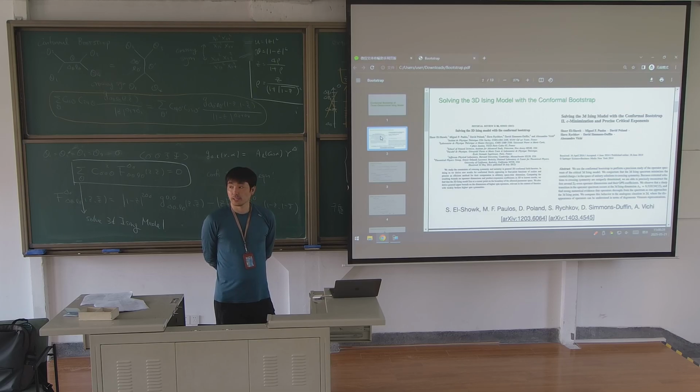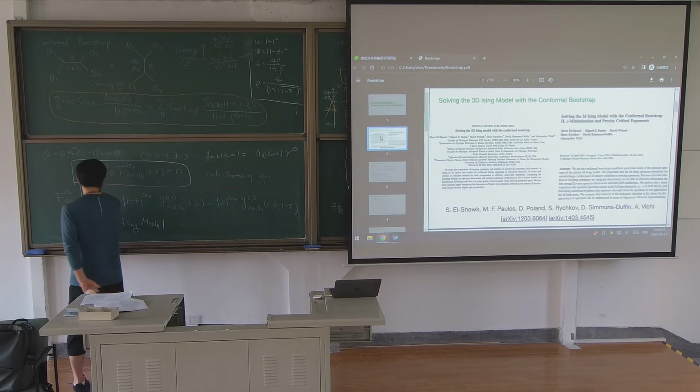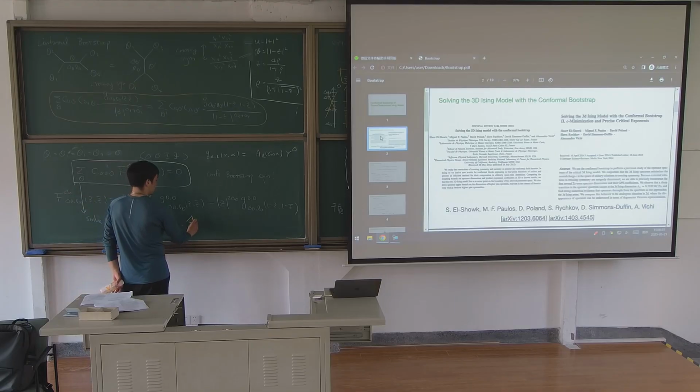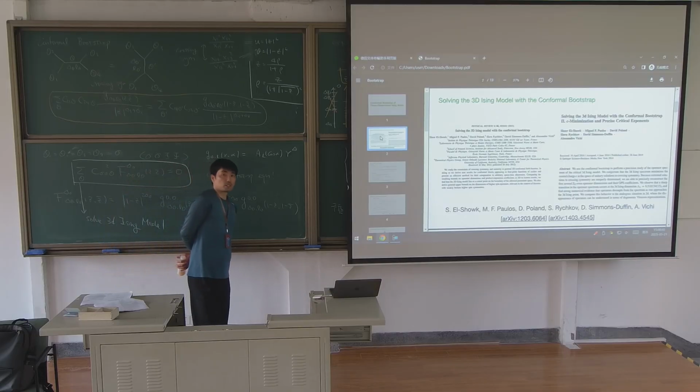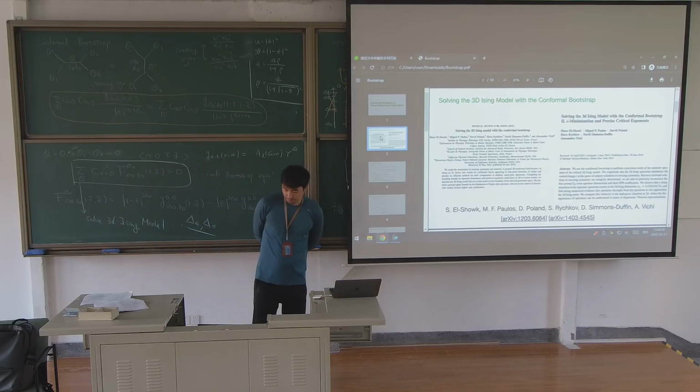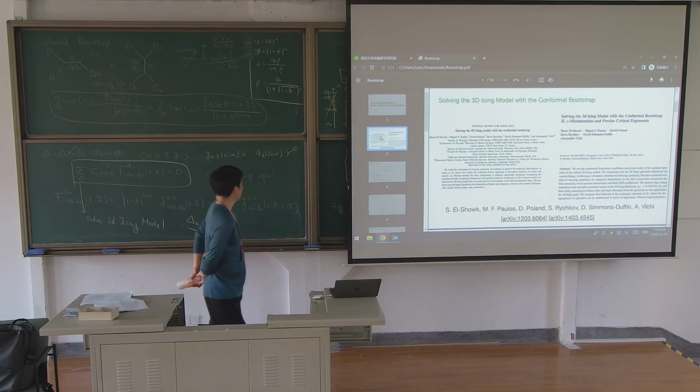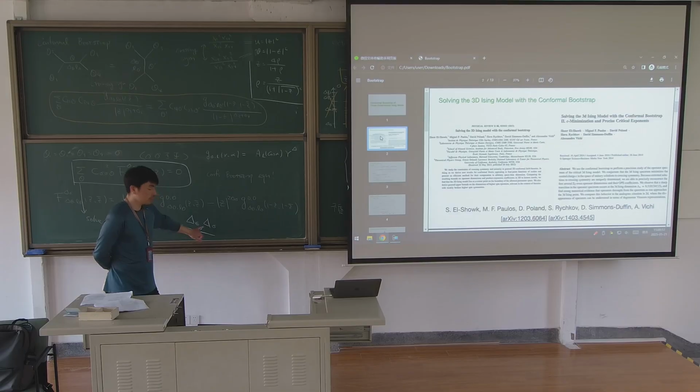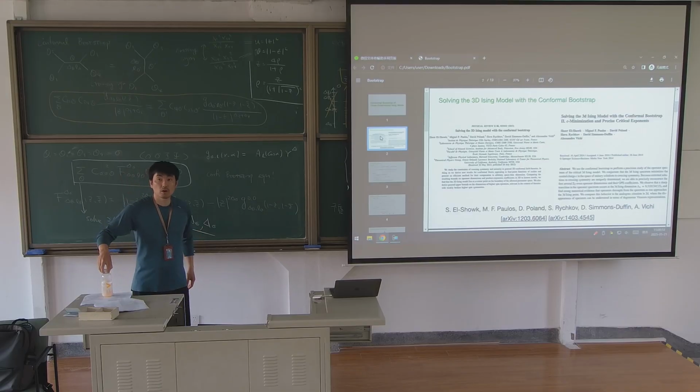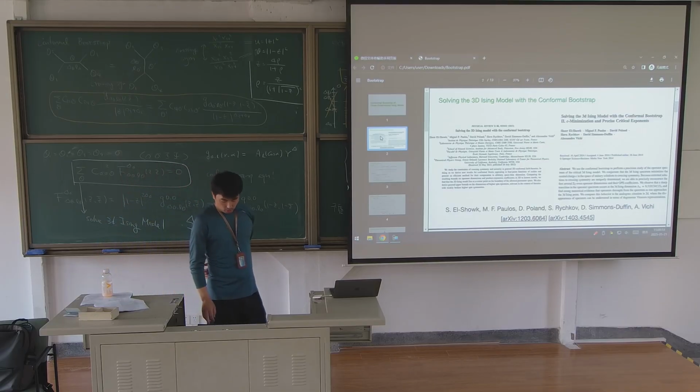Then they determined the critical exponents, which are the conformal dimensions delta epsilon and delta sigma, using Monte Carlo simulation. But here, this paper tries to determine delta epsilon and delta sigma using the conformal bootstrap equation. So I'm going to explain those two papers.